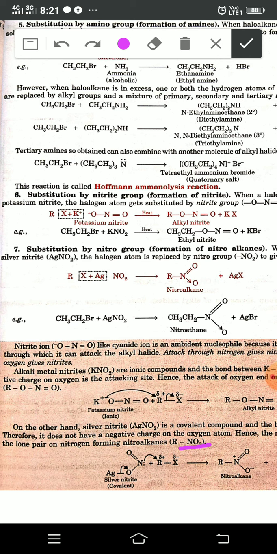So in case of AgCN, the cyanide group will get attached to the alkyl group through the nitrogen atom. That's why alkyl isonitrile will be the product, and when KCN reacts with RCl, then RCN, means alkyl cyanide, is the product. So this is the main thing when AgCN and KCN react with haloalkanes.